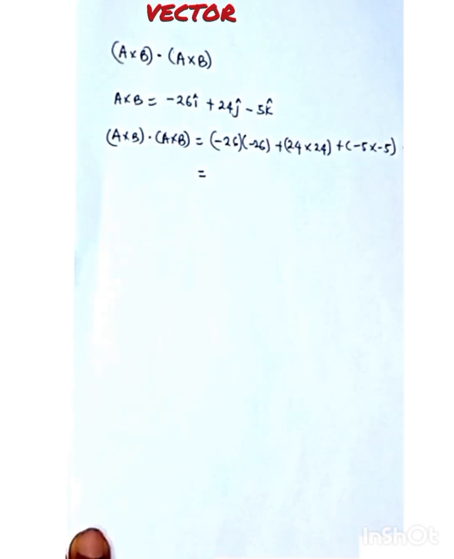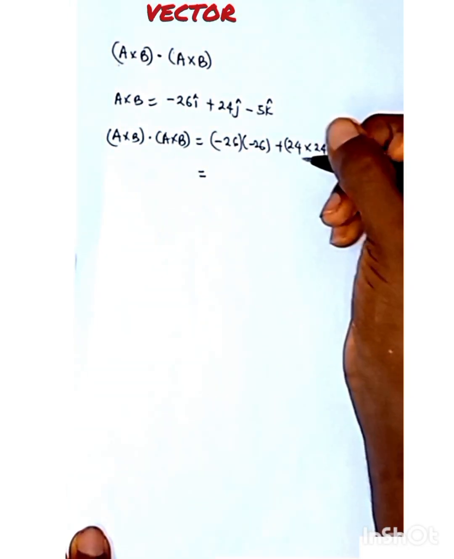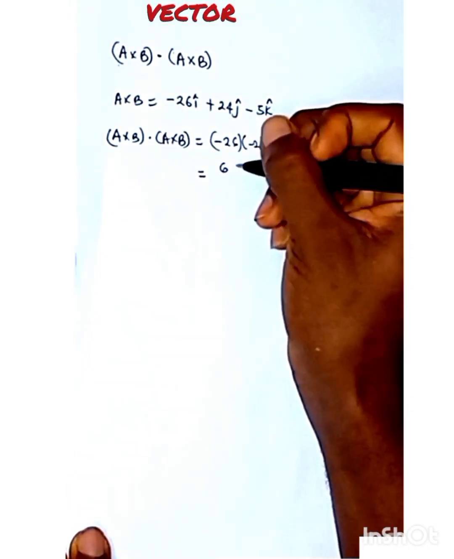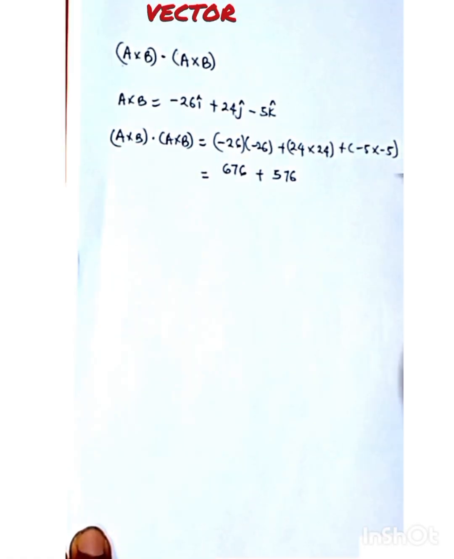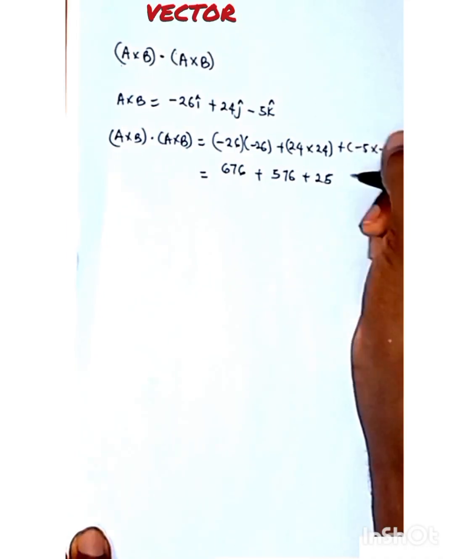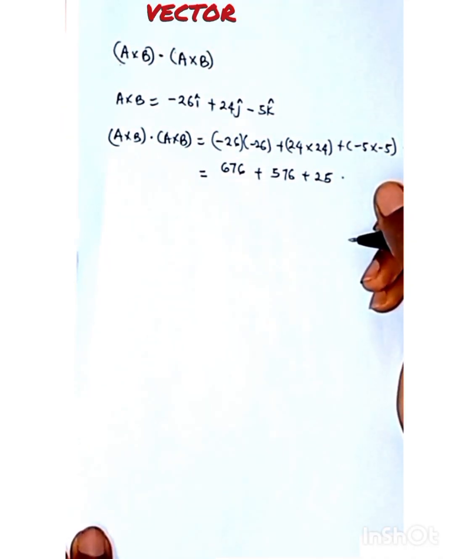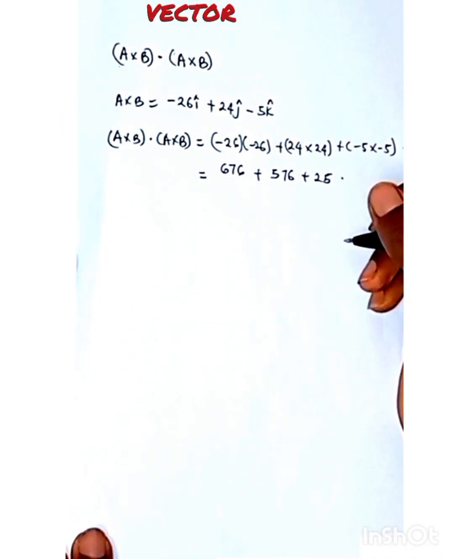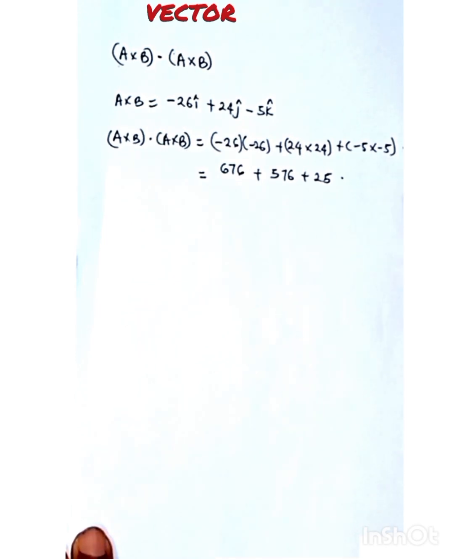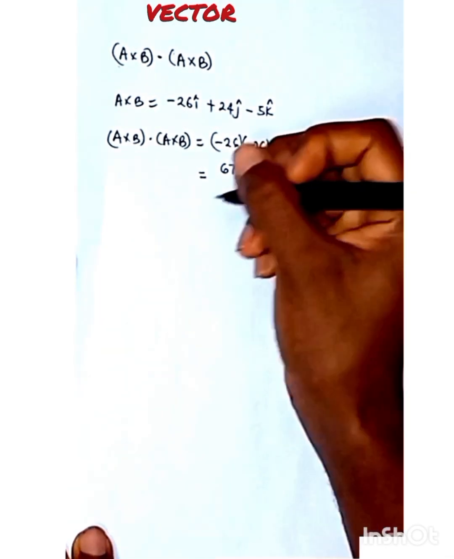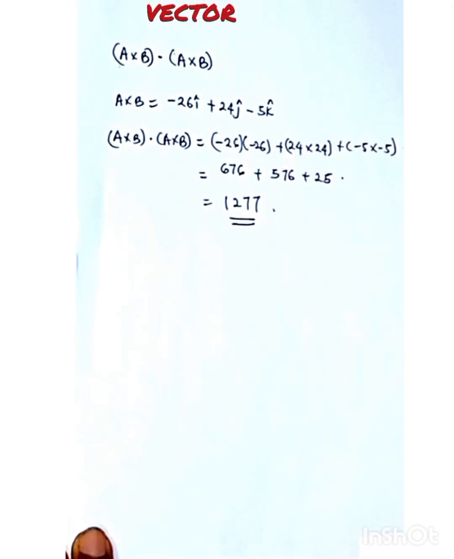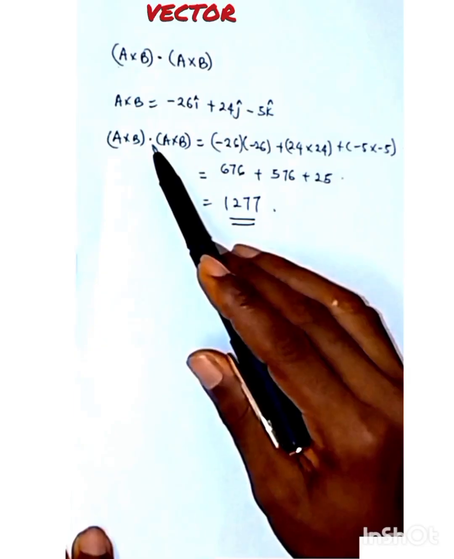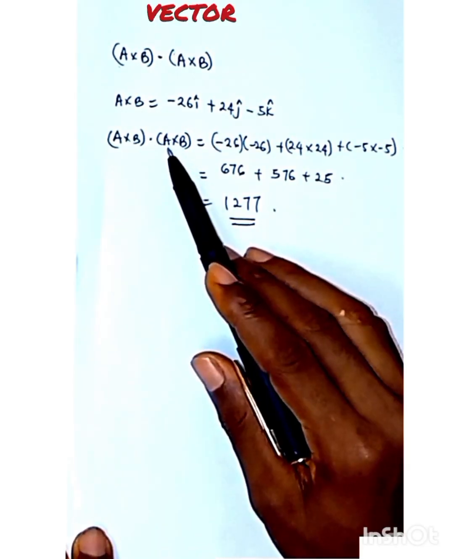So this becomes 676 plus 576 plus 25. When we check this, this gives us 1277. Now this is what we have as the dot product of the cross product.